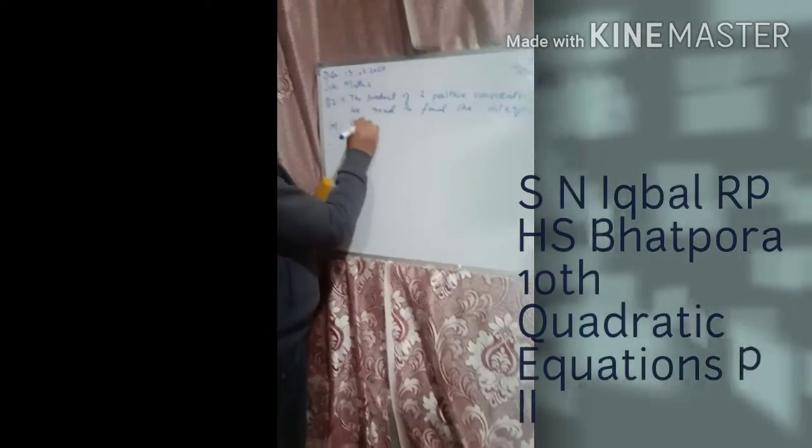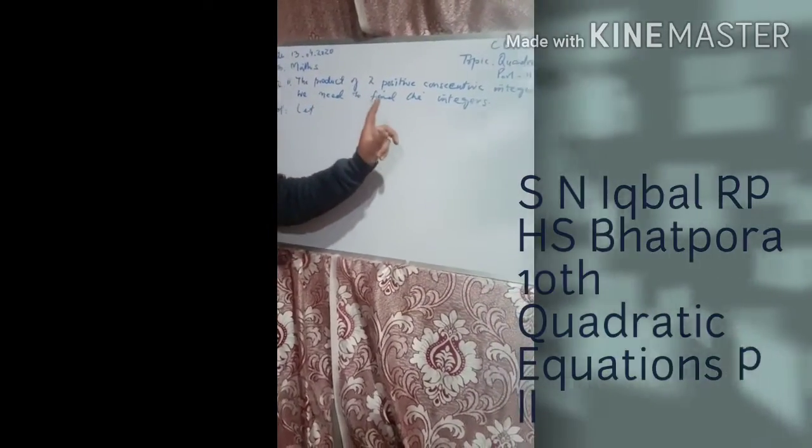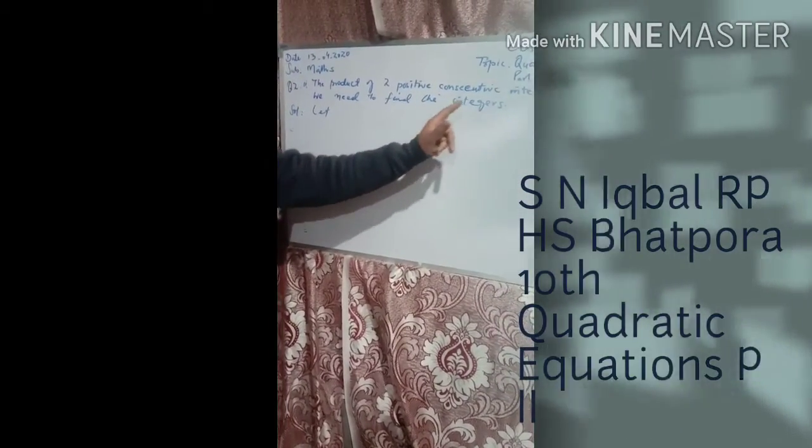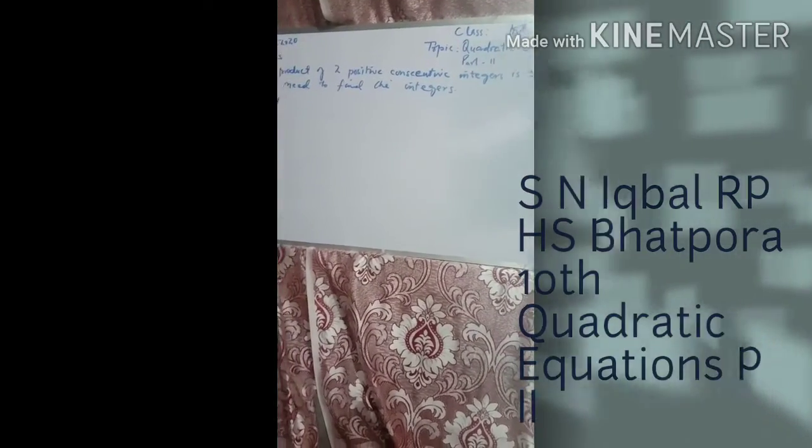Let us see. We know that consecutive integers are the integers which come one after the other.